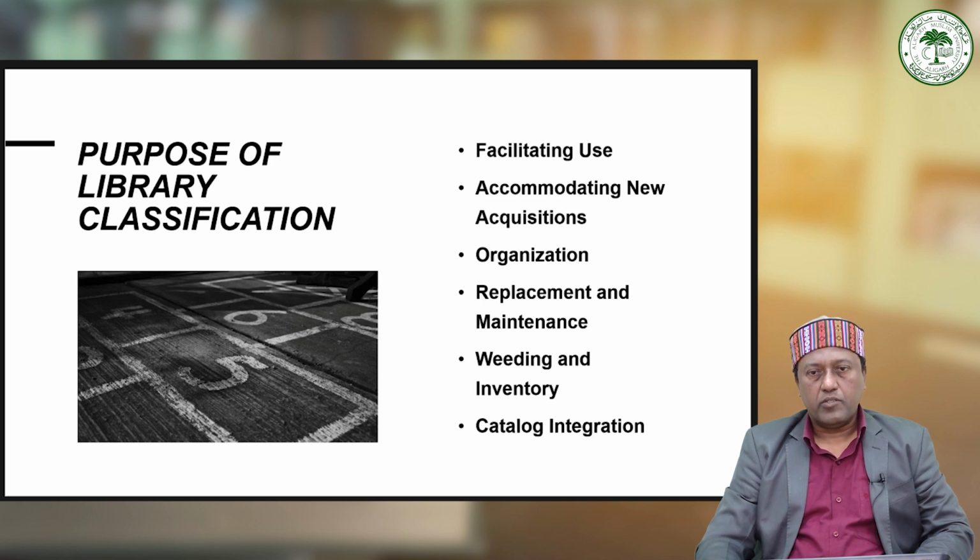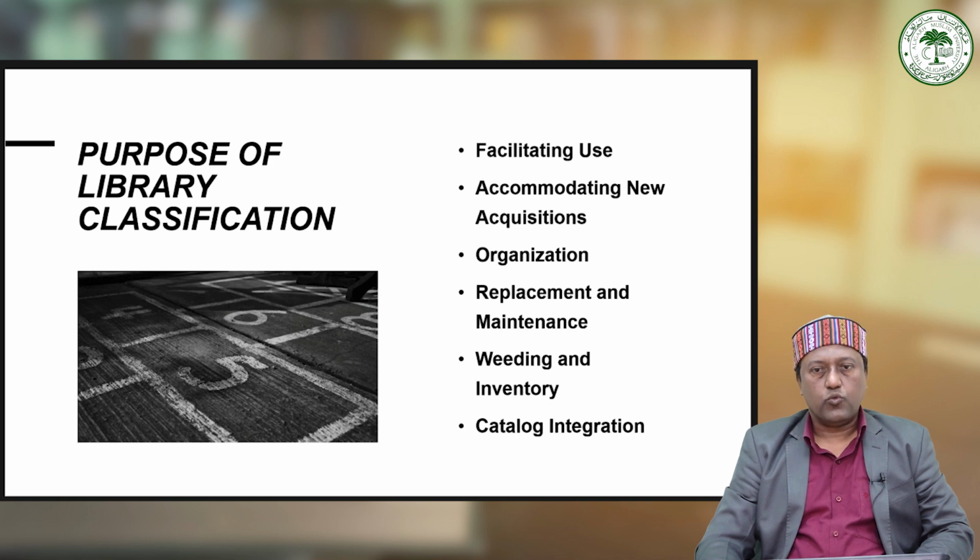The next important purpose is replacement and maintenance. Classification systems facilitate the replacement of materials on the shelves after use by patrons. By providing a consistent order for shelving materials, classification helps ensure that items are returned to their proper places, maintaining the integrity of the collection.